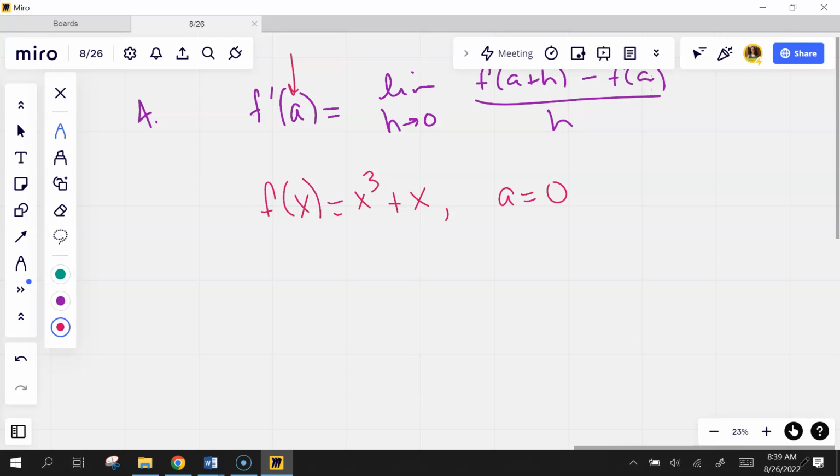This is IROC when x equals 0. So what I'm finding is the derivative at 0. Does that make sense? So plug it in. The limit as h goes to 0.